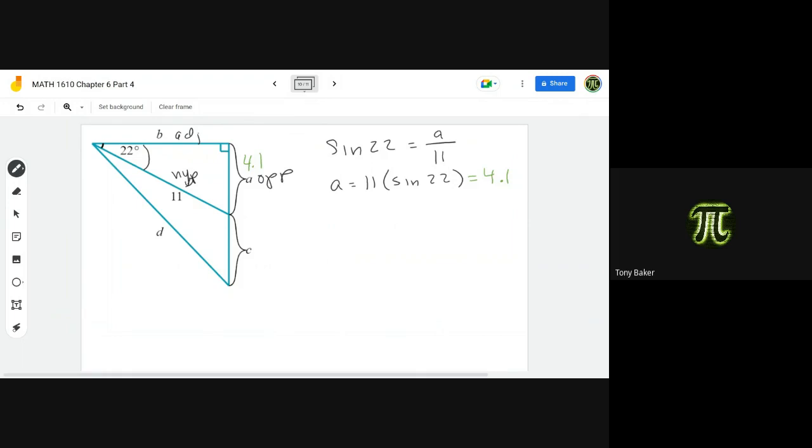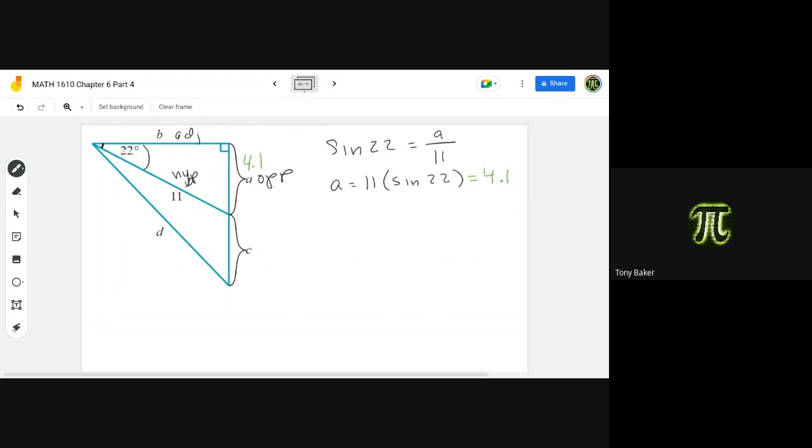No. So how am I finding B? You could use the Pythagorean theorem. I would not. I would use cosine.